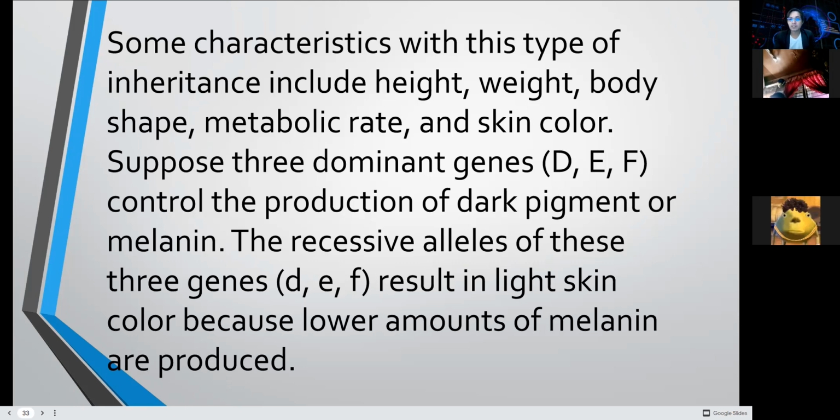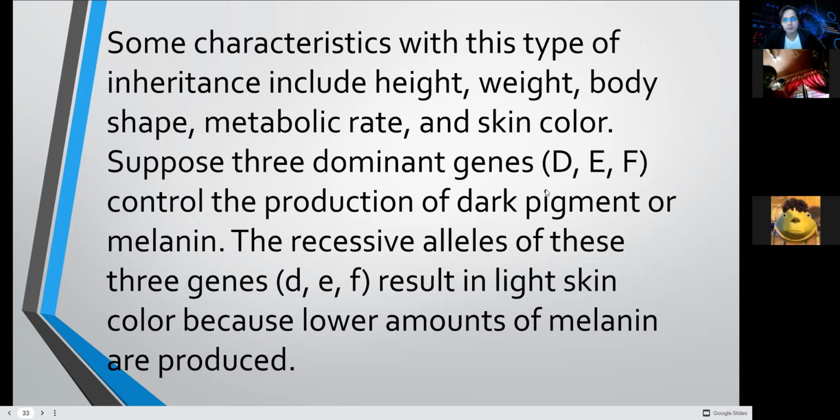So in the example, we are given capital DEF for the dominant alleles for dark skin color. The recessive alleles, small letter def, will result in light skin color because less melanin is produced by the skin.